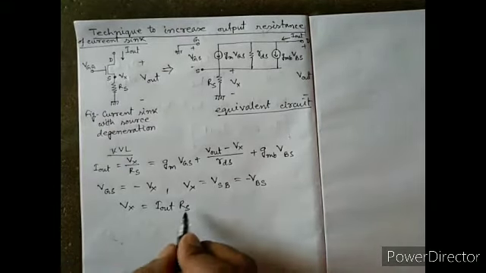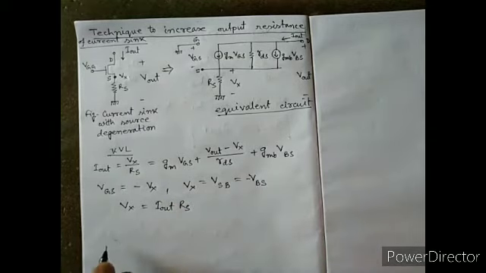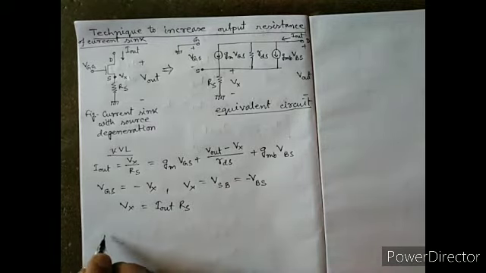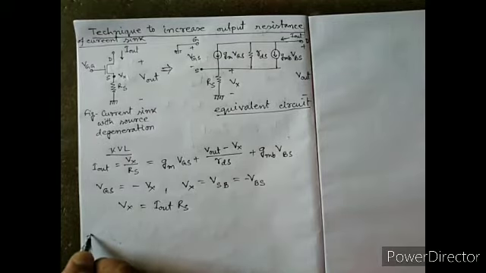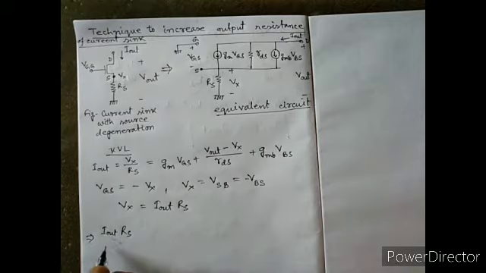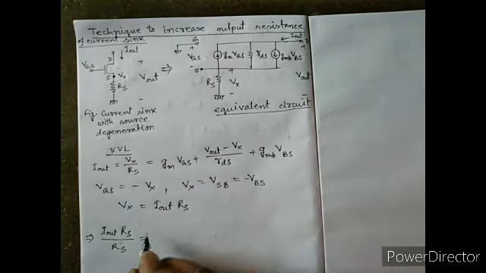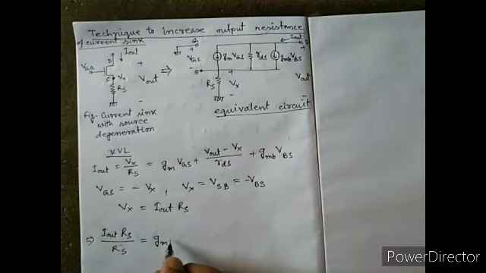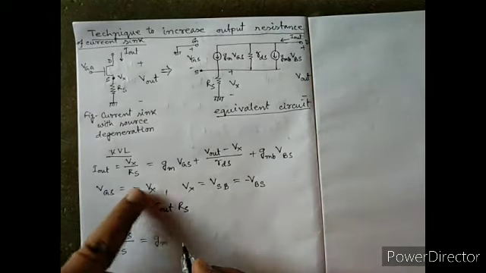Now if we put those in this equation, Vx equals I out into Rs, so we can write I out into Rs by Rs equals Gm VGS, and VGS is minus Vx.